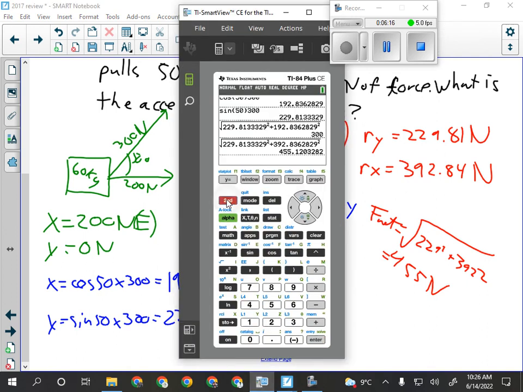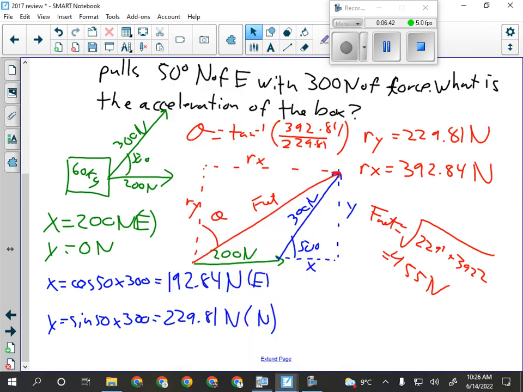So, alright, we're looking at 60 degrees. For me, that's east of north.